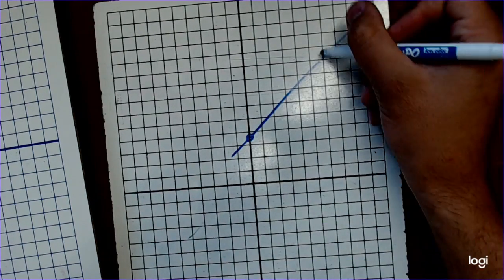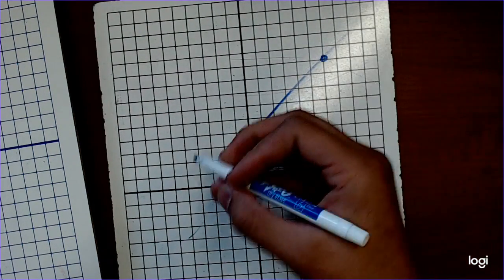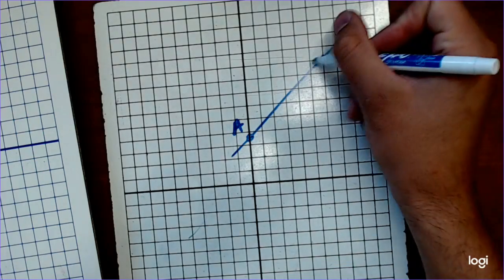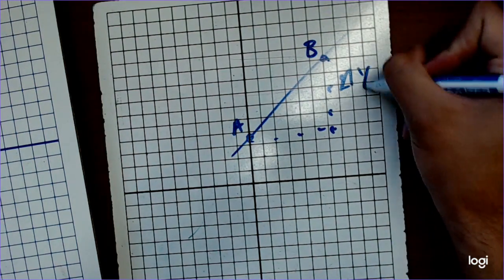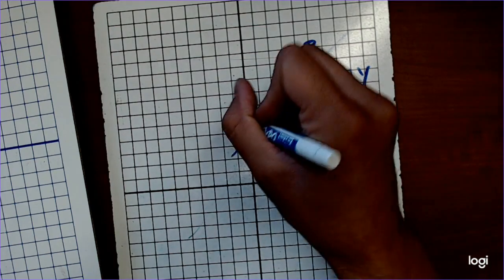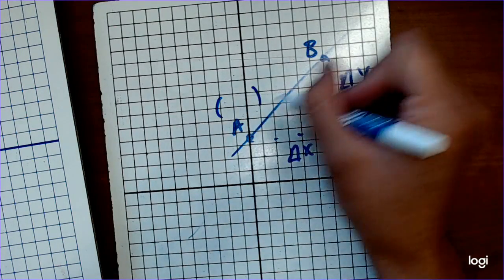So the short answer is tangent slopes are really cool because they help us calculate slopes using 1 point. Typically, in order to calculate the slope of a line, you need 2 points, like A and B, right? So we've got point A, we've got point B. We've got our delta y, our delta x, those two coordinate points.